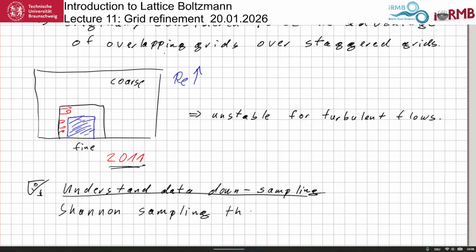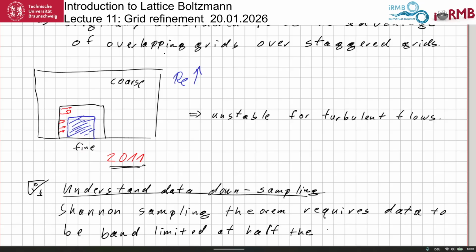You know this, right? The sampling theorem requires data to be band limited at half the sampling frequency to avoid aliasing.